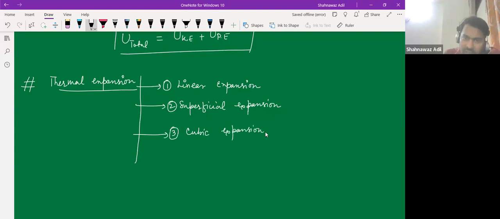But first, what is thermal expansion? If we heat some matter, the internal energy changes. We are providing some kinetic energy to the matter, so it is elongated and its size changes. If this happens linearly, then that is called linear expansion.